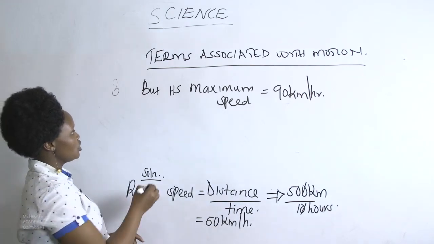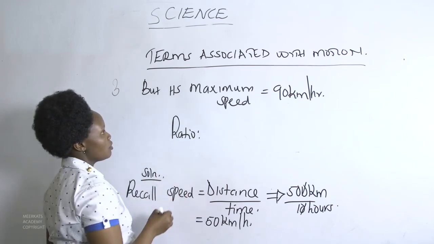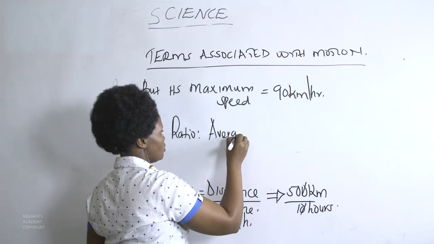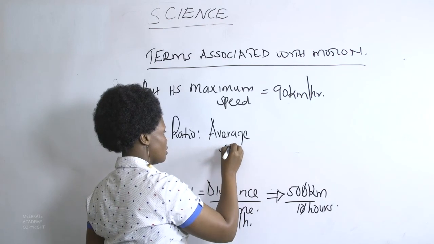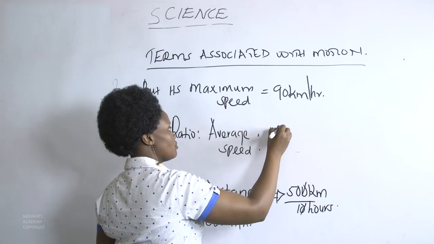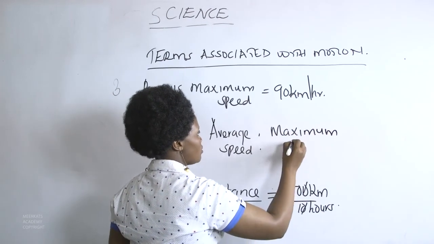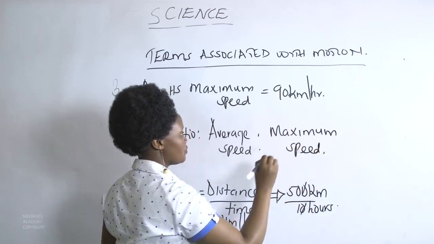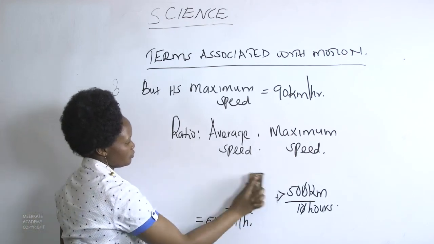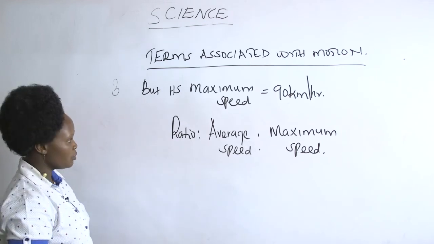So what is the ratio? The ratio, remember we have been told, of the average speed for the journey to maximum speed. Let us substitute and simplify where possible.